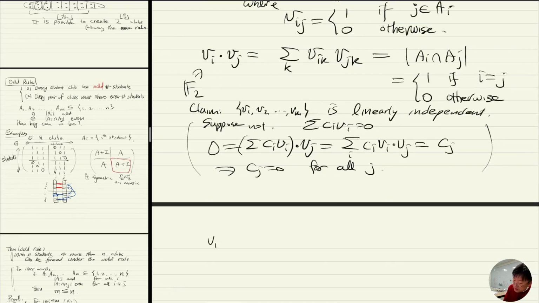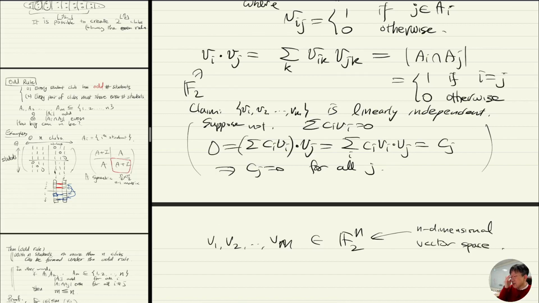But those vectors belong to this n-dimensional vector space. In an n-dimensional vector space, you cannot have linearly independent vectors of size too big.